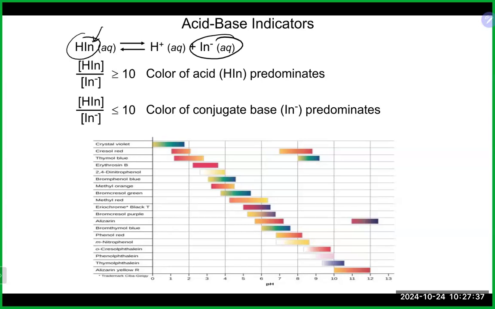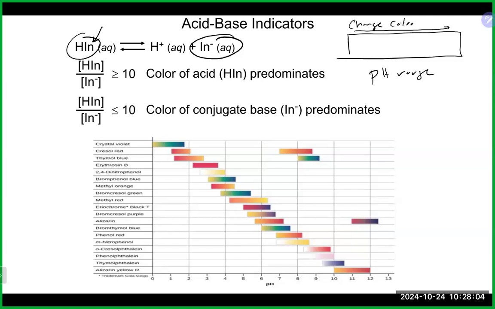So depending on the ratio of the protonated form, which still has the H plus, and the one that does not have the H plus, determines which color you will see. That is because, as we talked about, indicators work over a pH range, and they usually change colors as you go from one end of the range to the other.